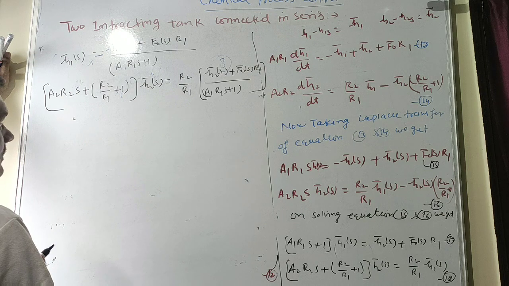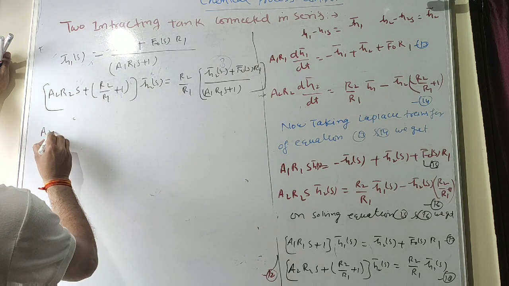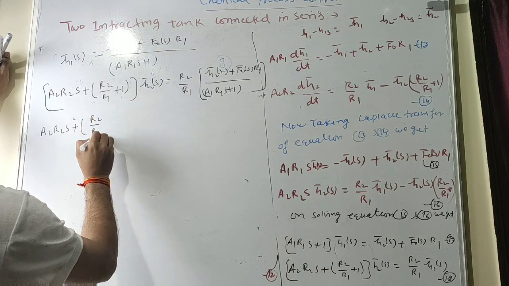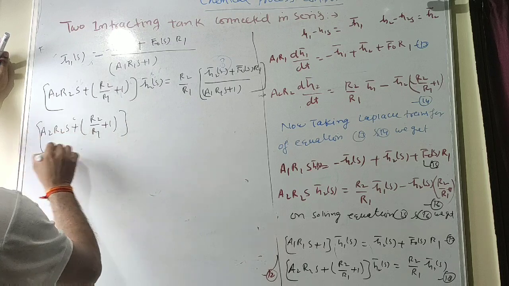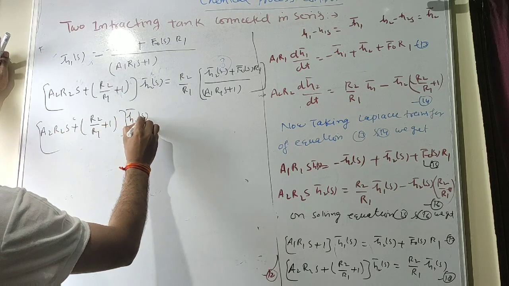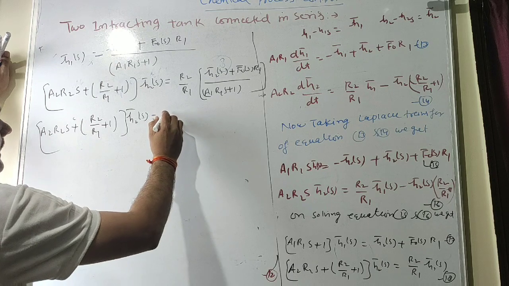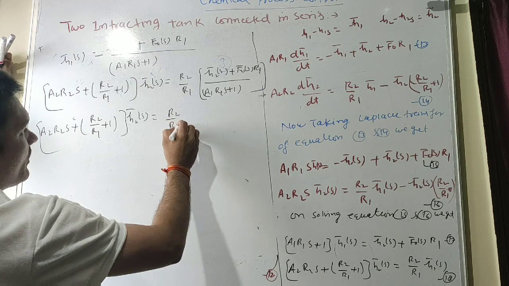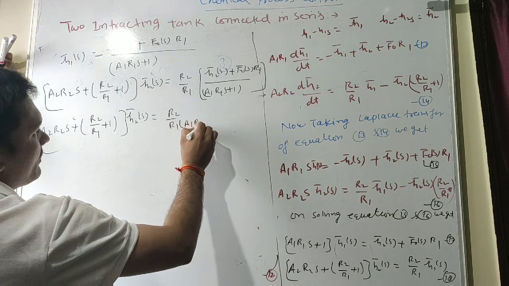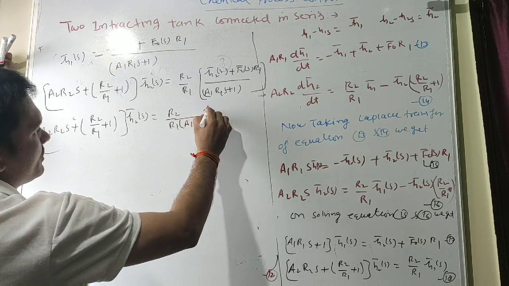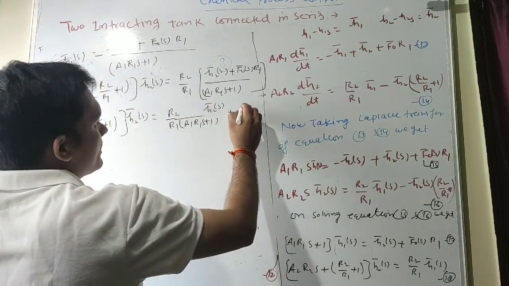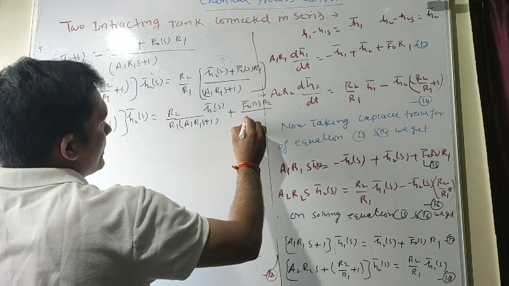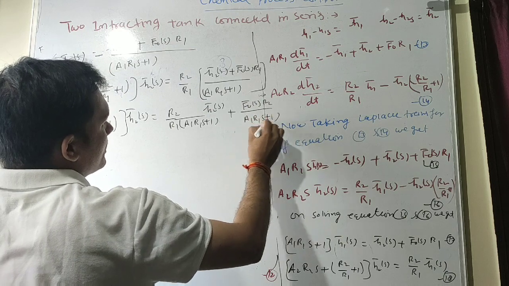Now again we have to solve this one. a2 r2 s plus r2 upon r1 plus 1 into H2 bar S equal to, if you multiply it, r2 upon r1 into a1 r1 s plus 1 into H2 bar S plus F naught bar S into r2 divided by a1 r1 s plus 1.